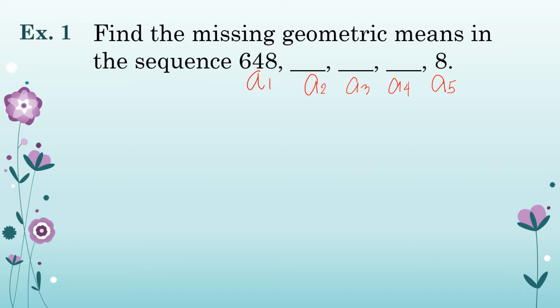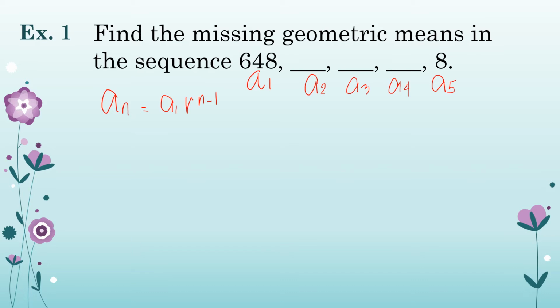So using the formula, a sub n is equal to a sub 1 times r raised to n minus 1. Do we have a sub n? Yes, that's 8. Do we have a sub 1? Very good. That's 648. Do we have r? Okay, very good. r is unknown.